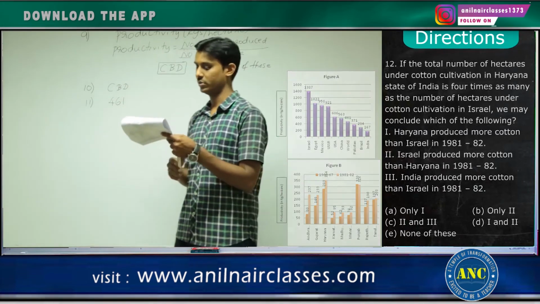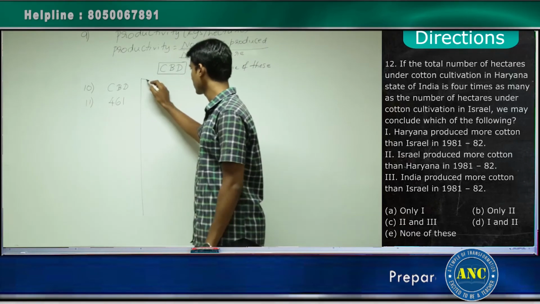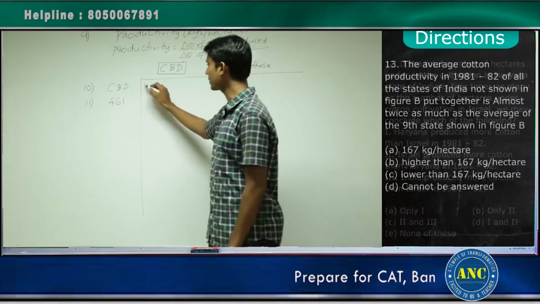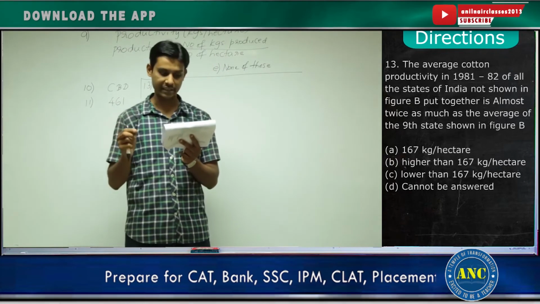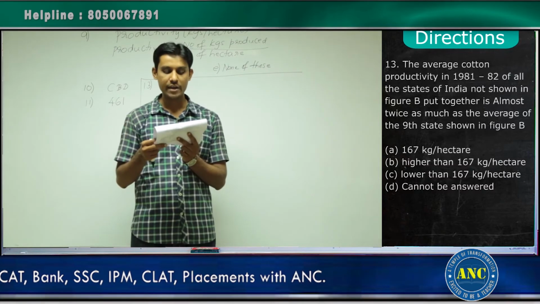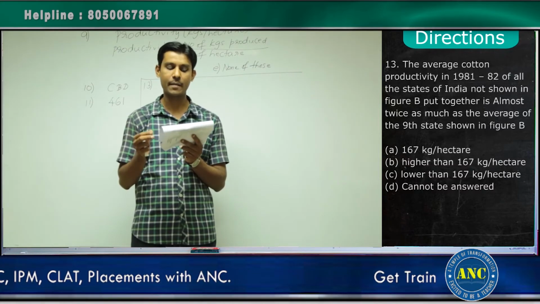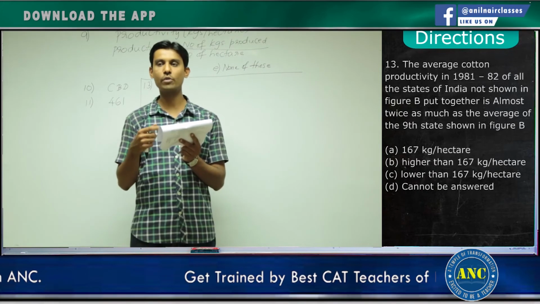Right? See here, I am more worried about the 13th question. Listen to this 13th question. Please see the question. If the total number of hectares under cotton cultivation in Haryana state of India is 4 times as many as the number of hectares under cotton cultivation in Israel, we may conclude which of the following.